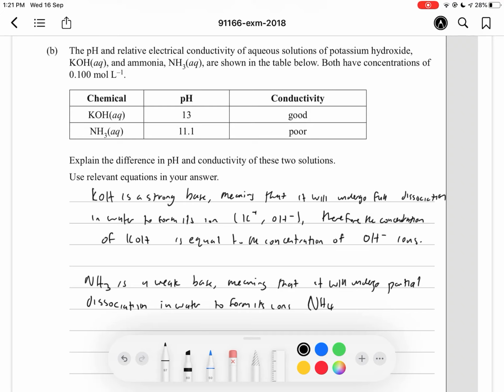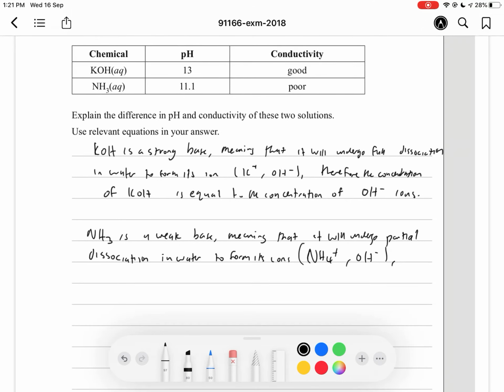So for NH3 it will be NH4 plus and OH minus. It's only a partial dissociation, so therefore there are still NH3 particles in the solution as well as NH4 plus ions and OH minus ions.